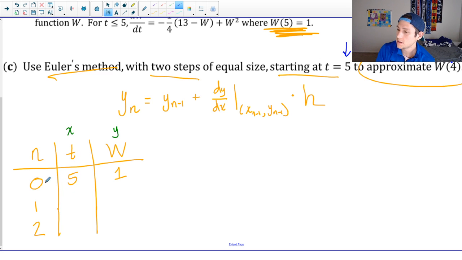So when n is 0, t is 5. When n is 1, t is decreasing, goes down to 4.5, and then down to 4. So we can determine h is 1/2, because we go from 5 to 4 in 2 equal steps.